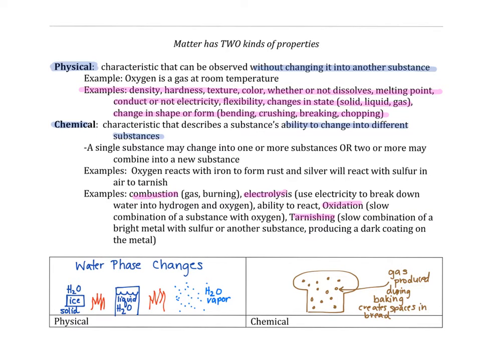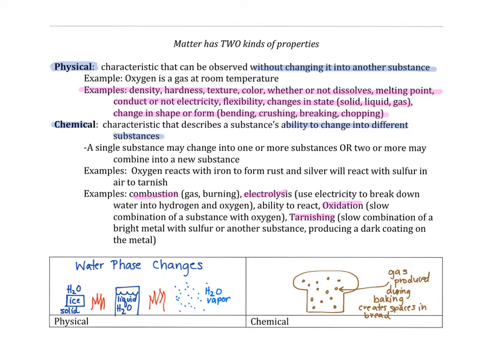Chemical properties are different because chemical properties define a substance's ability to change into different substances. So if I burn a piece of paper, I've actually chemically changed it. A single substance may change into one or more substances, or two or more may combine into a new substance.